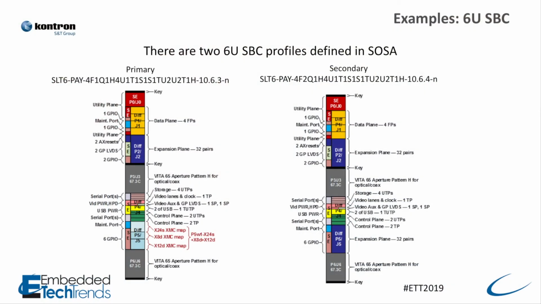So taking that up to 6U, 6U again was a little bit easier because we had more pins to work with, but even here there was some conflict that we had to resolve. You can see we've got pretty big fat data pipes here, a nice big expansion plane here, our general purpose I/O down here, and then XMC mappings, plus a couple of apertures for things like RF or fiber.